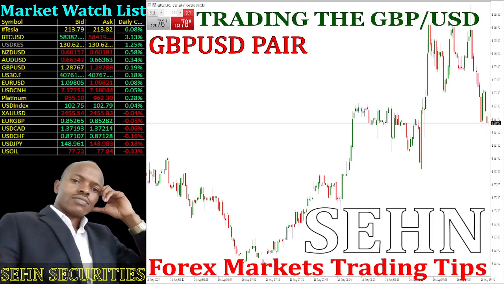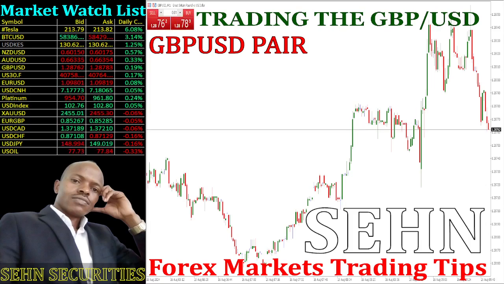Conversely, lower interest rates may lead to depreciation. Furthermore, macroeconomic indicators such as inflation rates, employment data, and GDP growth play a significant role in determining currency values and fluctuations. For instance, higher inflation in the United Kingdom relative to that in the United States might erode the value of the pound as compared to that of the dollar.